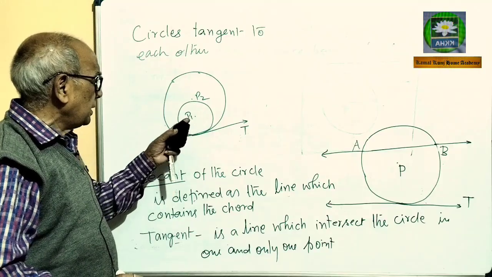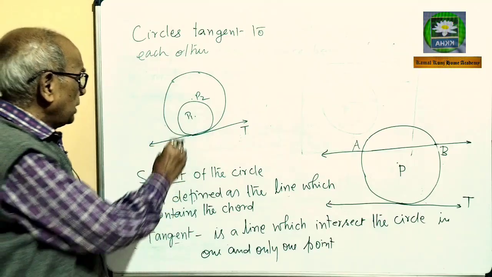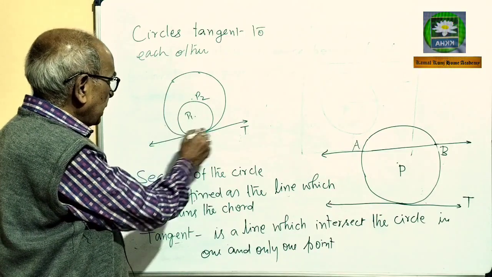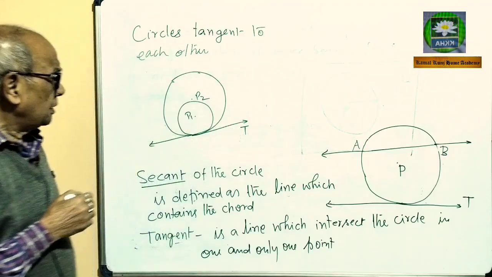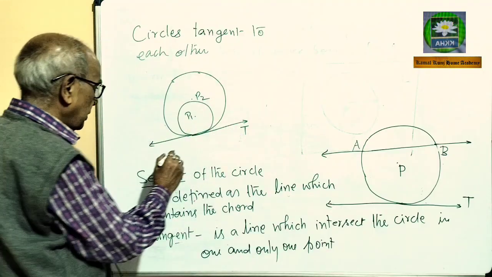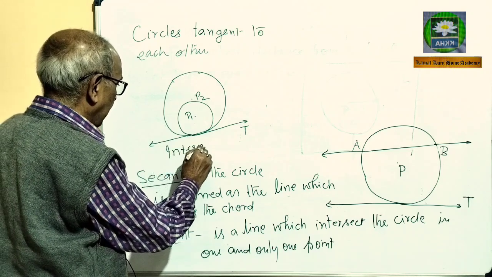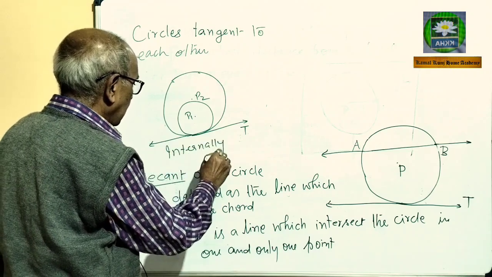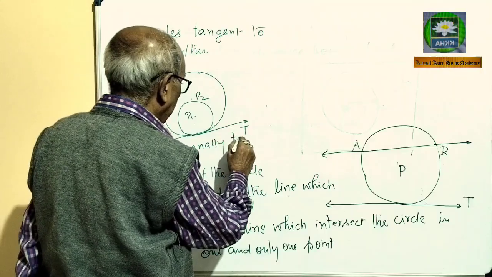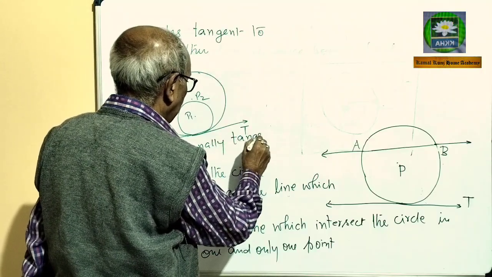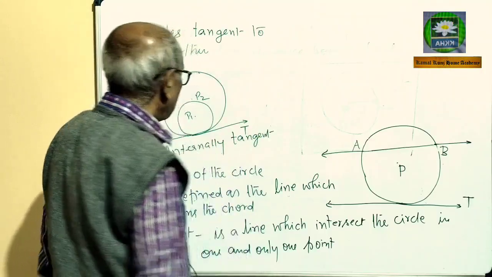When their centers are on the same side of this tangent line, they are called internally tangent to each other.